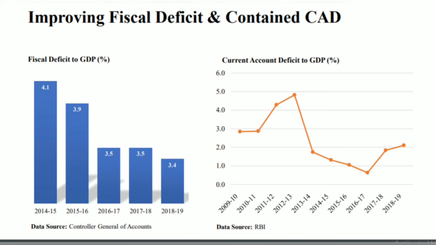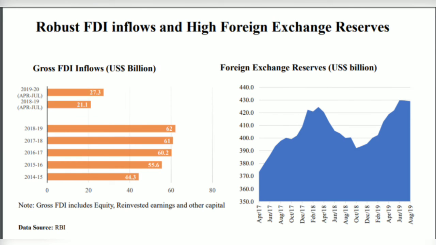So now, the last and important indicator, which is robust FDI inflows and high foreign exchange reserves. In the first chart, the bar graph, you can see it is in a horizontal manner, which represents the growth in FDI inflows. We know that the government has already allowed 100% FDI in mining and digital, towards e-commerce as well.